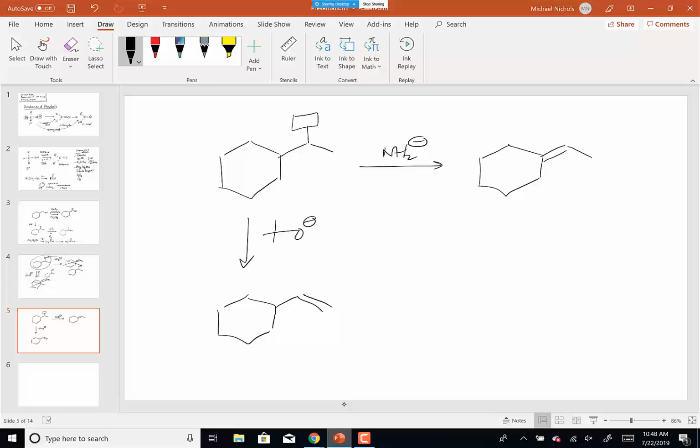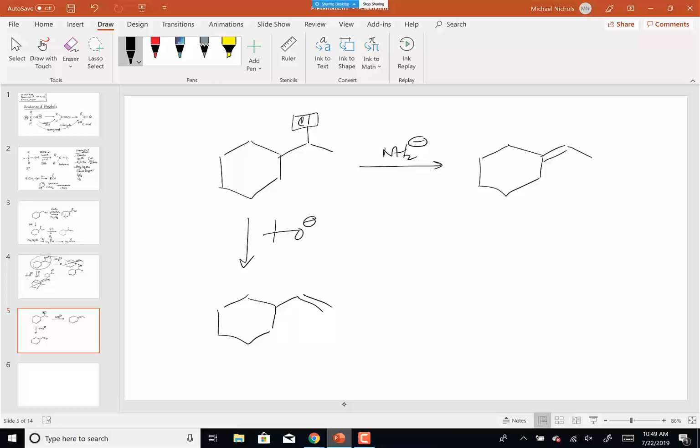An OH? No. What else could I put there? Chlorine or bromine? So in other words, halogens. So I can use this method to make these two alkenes by using an alkyl halide.